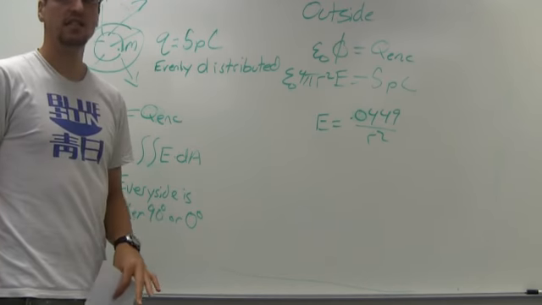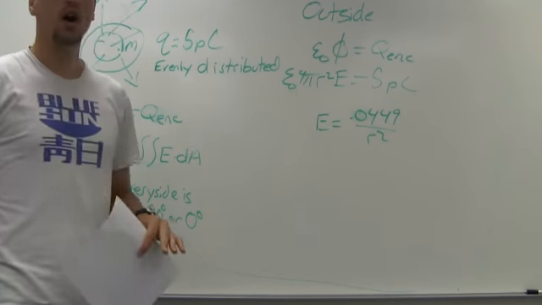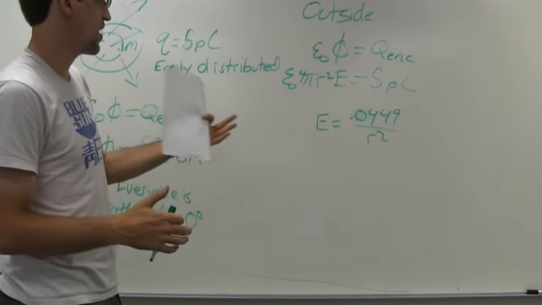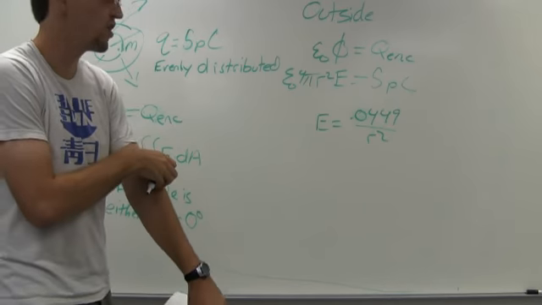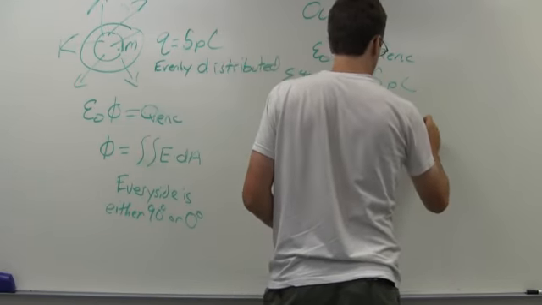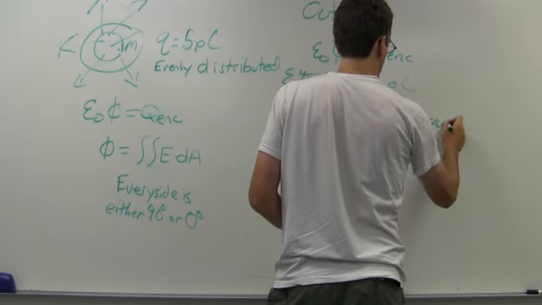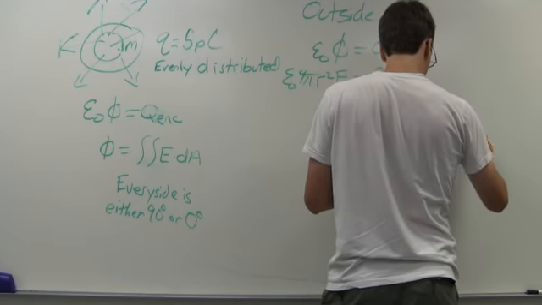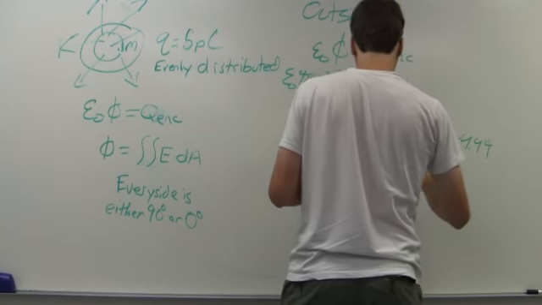Now the interesting test to see if these are right is, are they continuous? So at a radius of 0.1, when we switch from inside to outside, are they the same? That happens at r equals 0.1. So 0.449 over 0.1 squared, that should come out to be 4.49. That's outside.